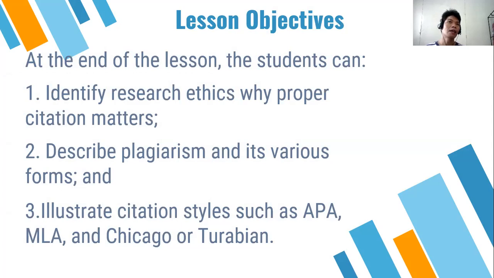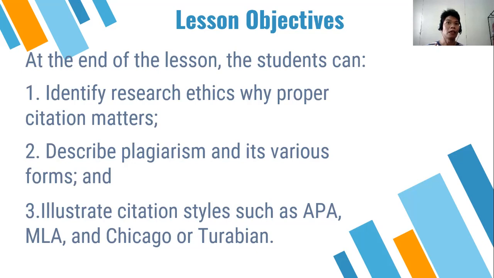Okay, so basically the concepts that we're going to deal with in this lesson are the proper way of writing your research, which is through citations, or how you are going to properly write the sources and references in your research paper. And what are the forms of writing practices that you should avoid, which I'm talking about plagiarism. And of course, the different citation styles, the APA, MLA, and Chicago Turabian.